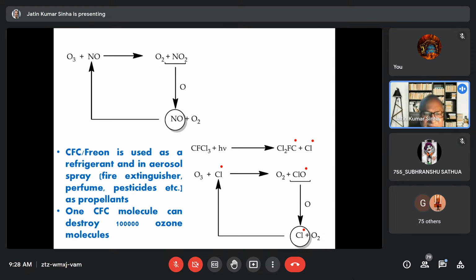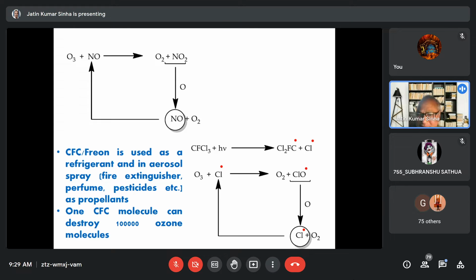Now the next is freon or CFC, chlorofluorocarbon. This chlorofluorocarbon, in the presence of sunlight, gives you a chlorofluoro radical and also a chloride radical. Now this chloride radical reacts with O3 to give you a chloroxy radical. Then the chloroxy radical, in the presence of oxygen, gives you back the chloride radical. Similar to nitrogen oxides and hydroxyl radicals, this chloride radical is also regenerated during the reaction.